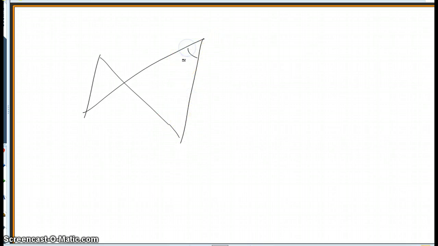I'm going to tell you that this is 35, and I'm going to tell you that this is 35. Now, by geometry, these are similar triangles.